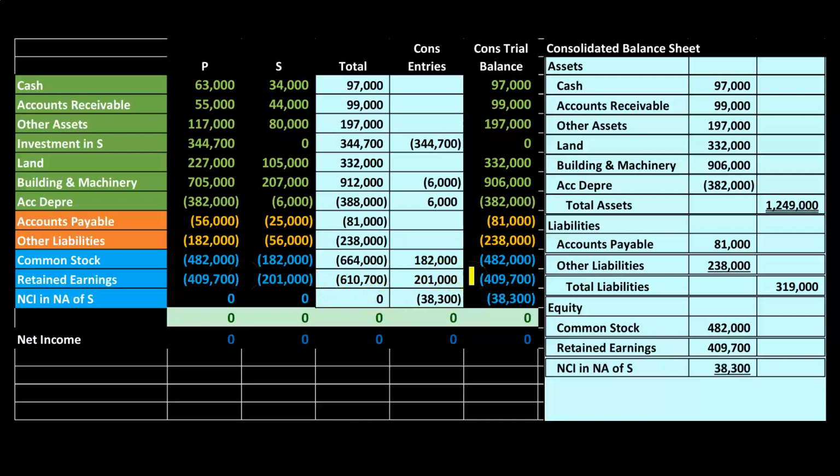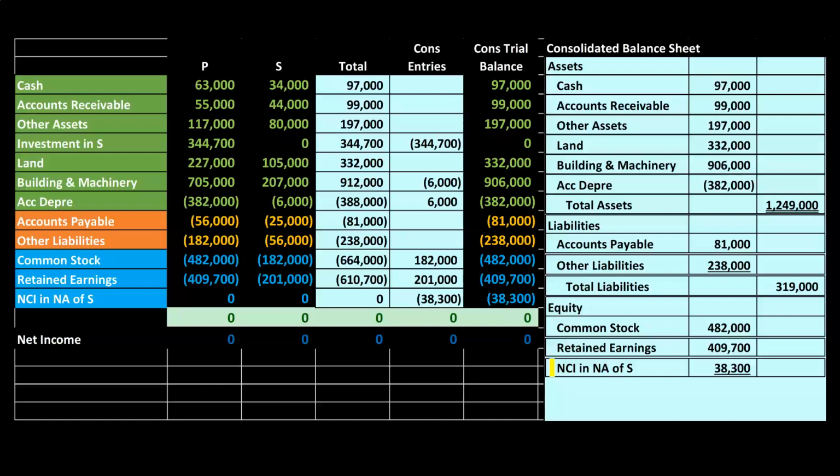Then we're going to show that 10% interest in just one line item. We're saying, hey, look, of the assets minus the liabilities up above, this is the portion, the 38,300, that we in this consolidation, in essence, P, because this whole consolidated financial statement is for people who are interested in P, right? The stockholders of P and the creditors of P are usually going to be interested in this, right?